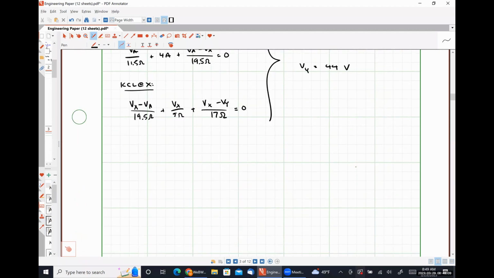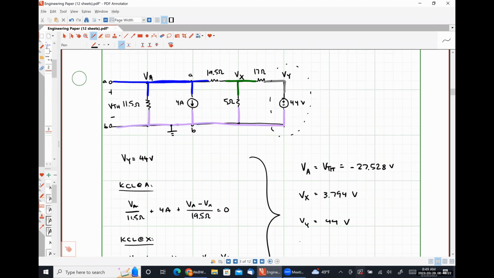Okay. So redrawing my circuit. I'm going to have up here, short circuit.